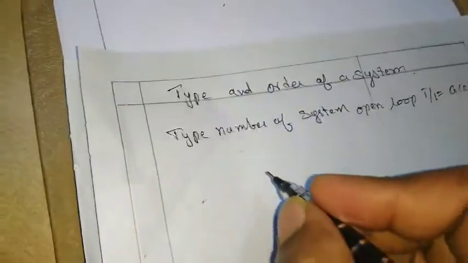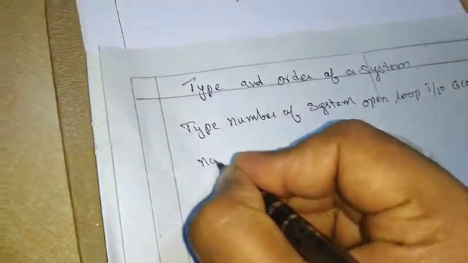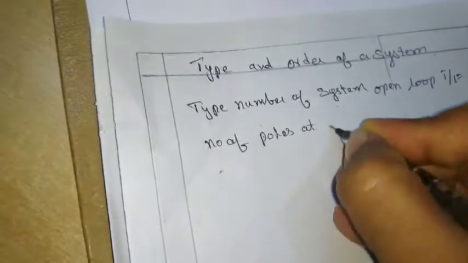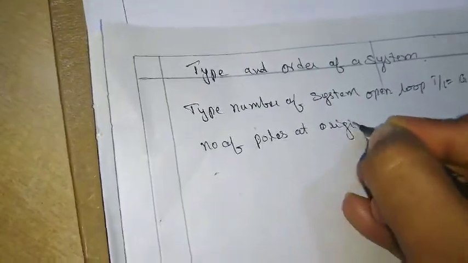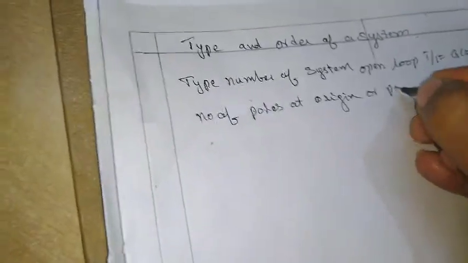If I consider one G of s, it will give you the number of poles at origin, or the poles at 0.